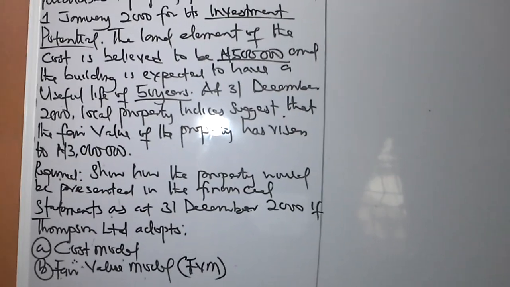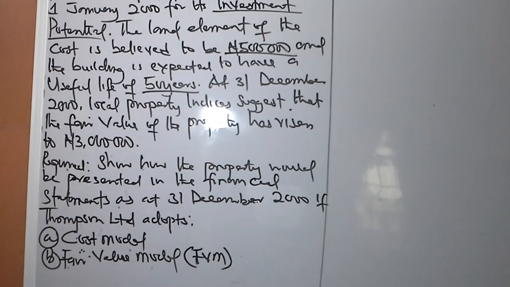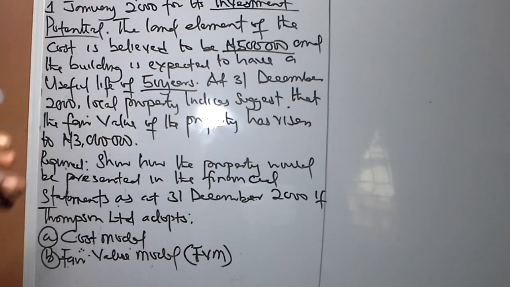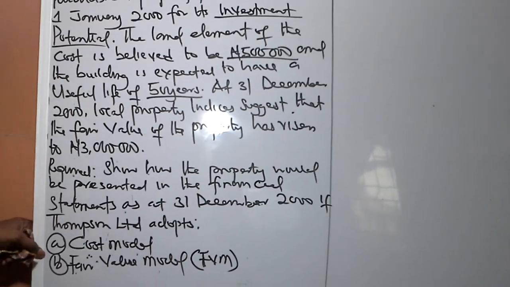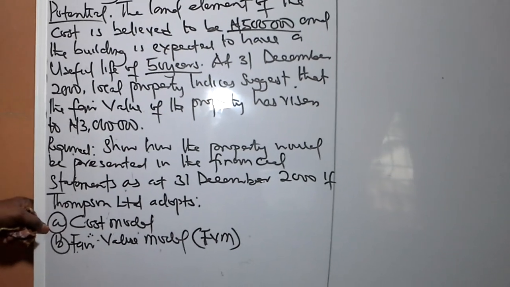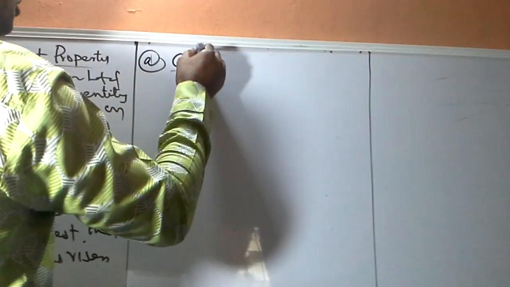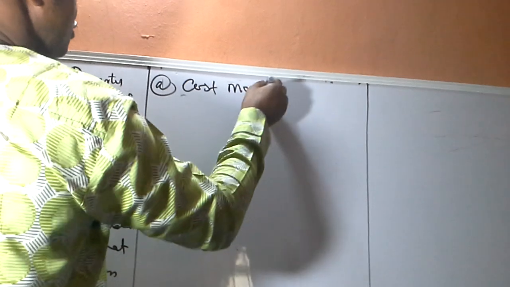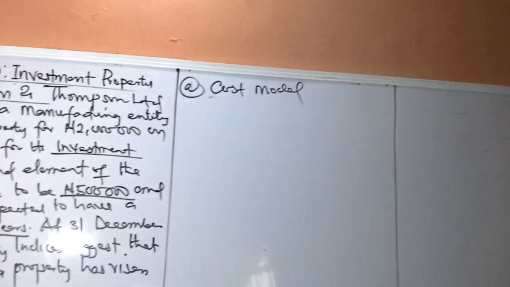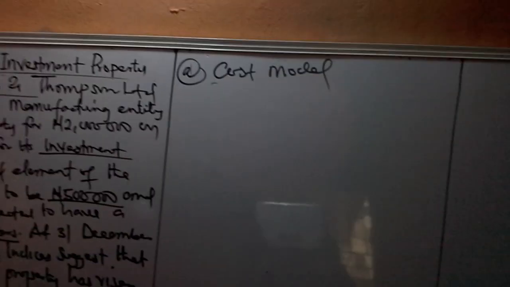That is your income statement and your balance sheet, or SOFP. Now, let's see how we are going to account for this using the cost model.